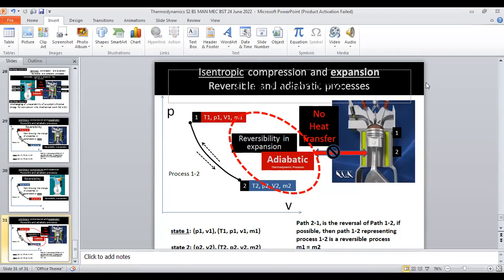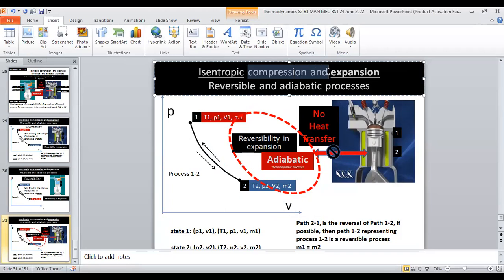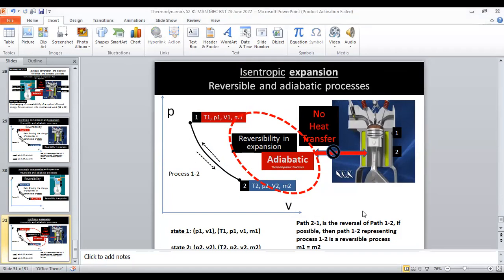Reversible and adiabatic. Isentropic expansion. Good.